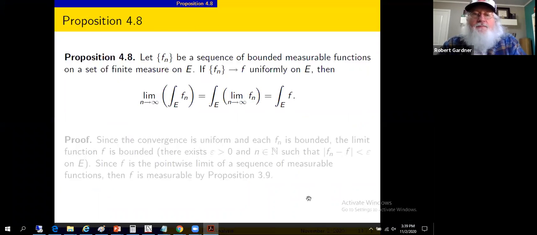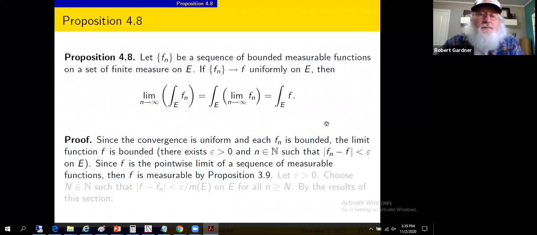Theorem 4.8. Okay, there's a statement. All right. Convergence is uniform, and each of the f sub n's is bounded, bounded measurable functions. The limit function must be bounded as well.